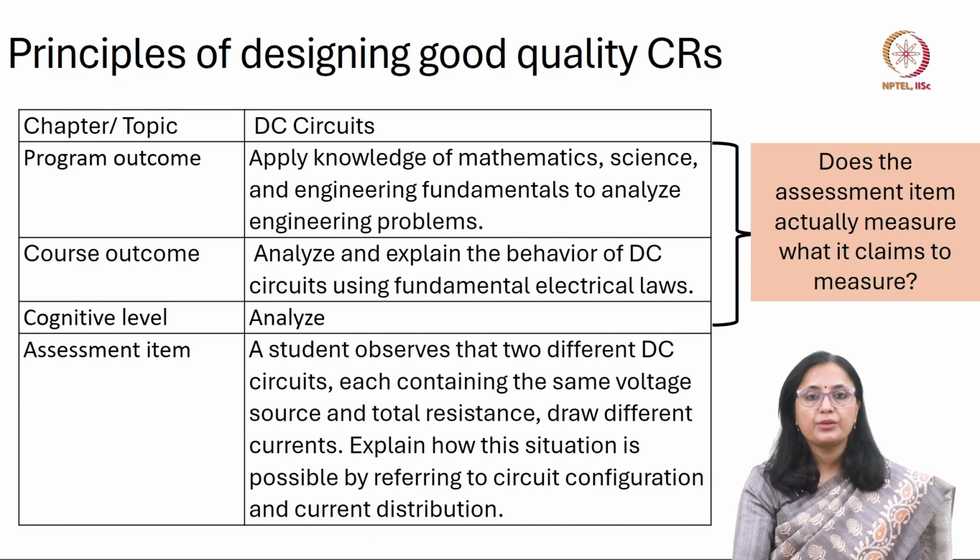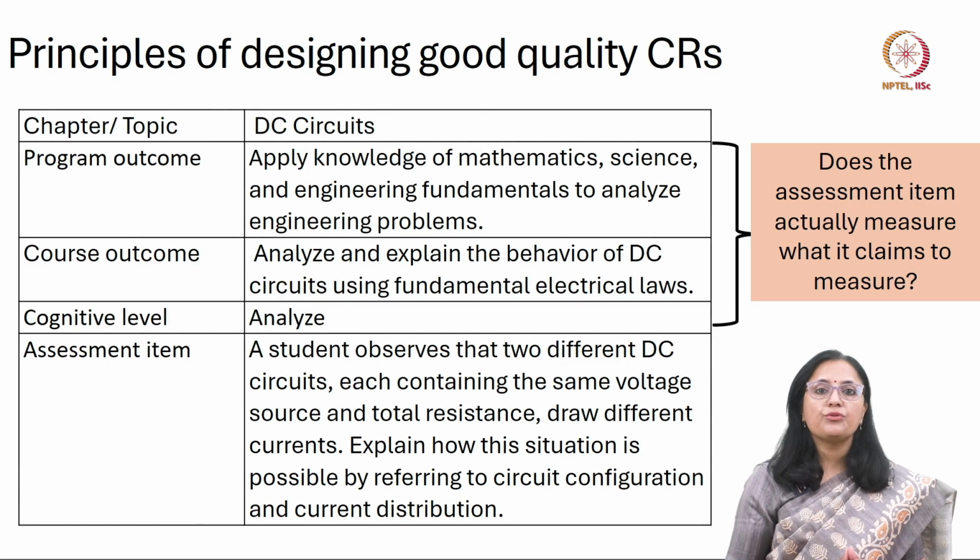Now coming to the definition of validity: the assessment item actually measures what it claims to measure, what it intends to assess. So this is an example of a valid assessment item.